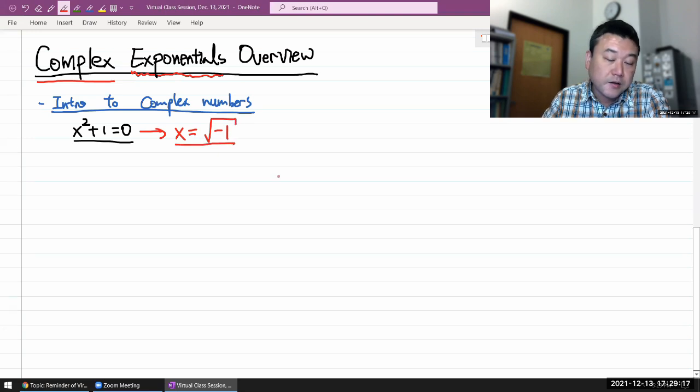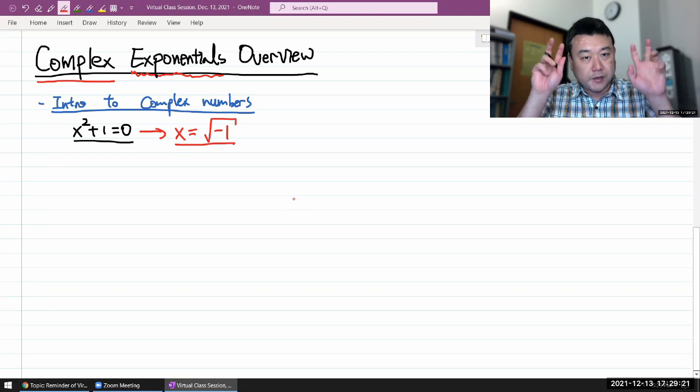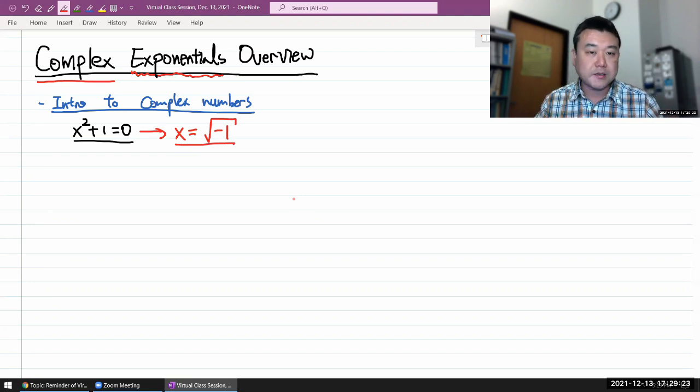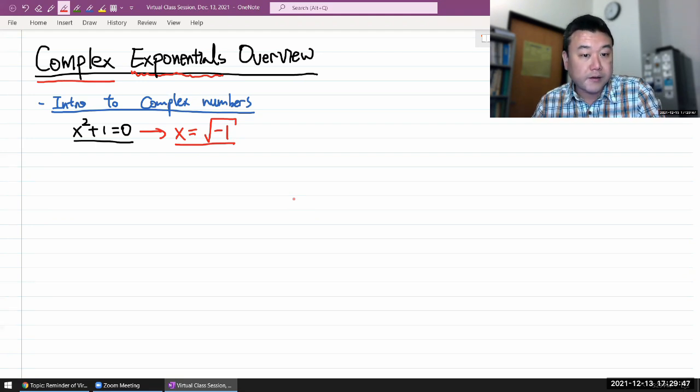This is the kind of number that, if you're thinking of real numbers only, numbers that you think of by starting from counting 1, 2, 3, and thinking of fractions and things that can be approximated with a decimal representation, here, what you're looking for is a number such that when you square it, you get minus 1.